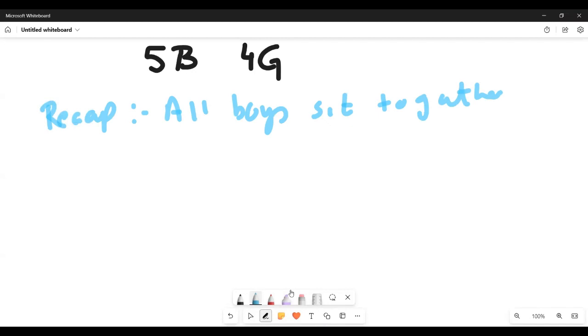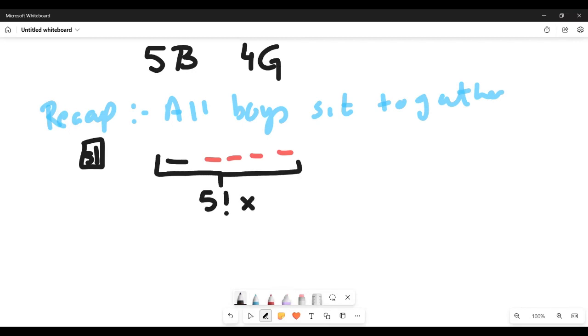So a group of 5 people, 5 factorial. Consider this as one group, so I consider this as one person. And other than that, we have 4 more people in the group. So that collectively gives 5 factorial. And there's already 5 factorial here. So another 5 factorial. So if all boys have to be made to sit together, then that's the total number of arrangements.